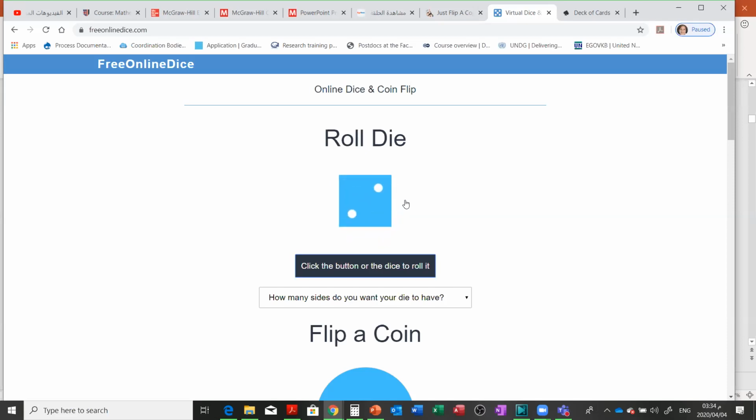We want to measure the likelihood of getting number 3, maybe number 4, number 5, each time we roll this die. So what do you think would be the probability in this case?